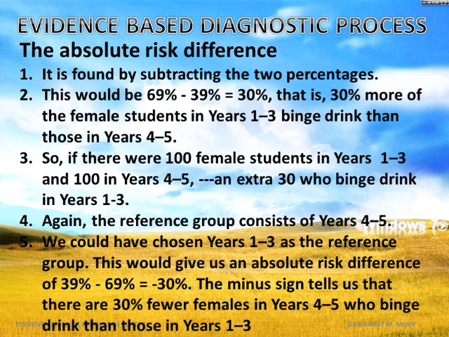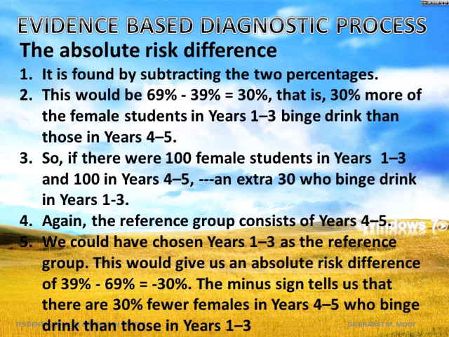If there are 100 female students in years 1 to 3 and 100 in years 4 and 5, the population will remain the same, which would mean that an extra 30 would binge drink in years 1 to 3. The reference group is most important.